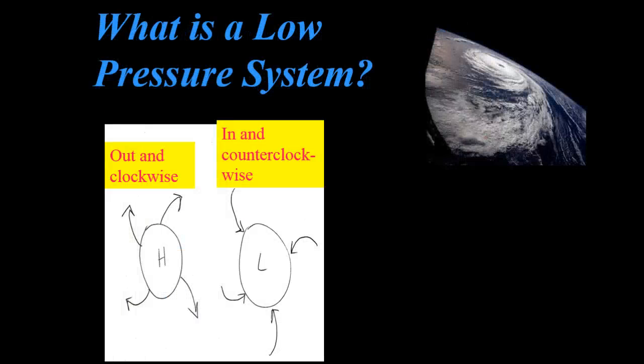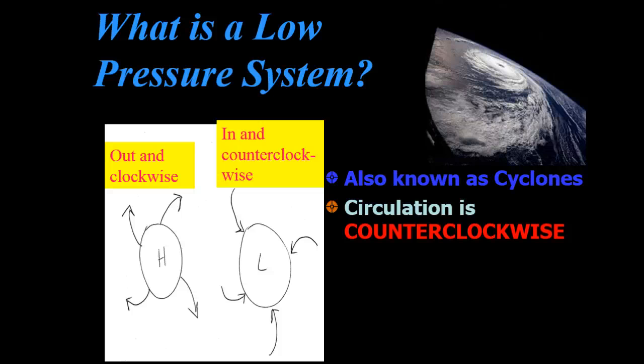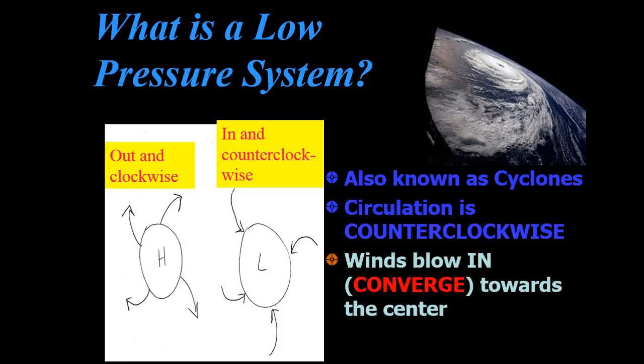A low pressure system is the complete opposite. Winds blow inward and counterclockwise. Here we have the diagram of the low pressure system next to the high pressure system, and you can see they're opposite. We call low pressure systems cyclones, and their wind circulation is counterclockwise. Winds blow inward towards the center, which means they converge.